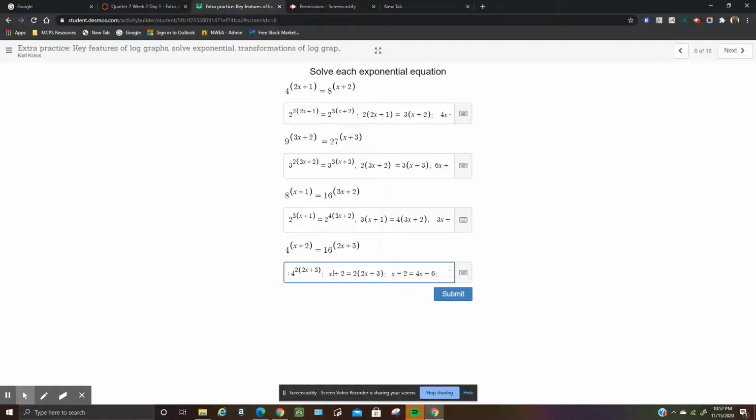And then subtracting x from both sides, 2 is equal to 3x plus 6. And then subtract 6, negative 4 equals 3x. And then divide by 3. So negative 4 thirds is equal to x.